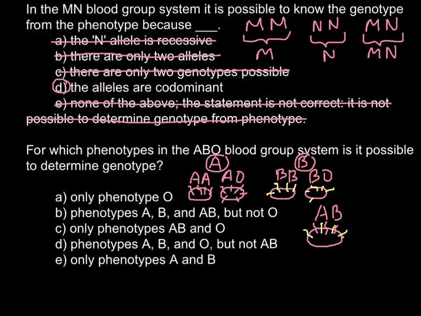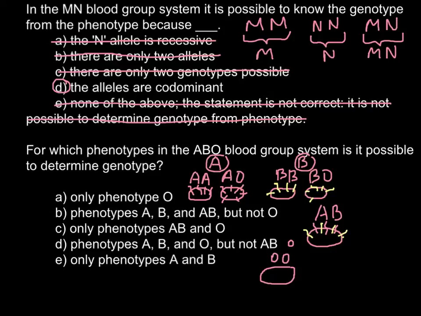And we may also have a situation where there is no glycoprotein present, because we have two O alleles. So these two alleles would make blood group O. So no glycoprotein A, no glycoprotein B would be present here.